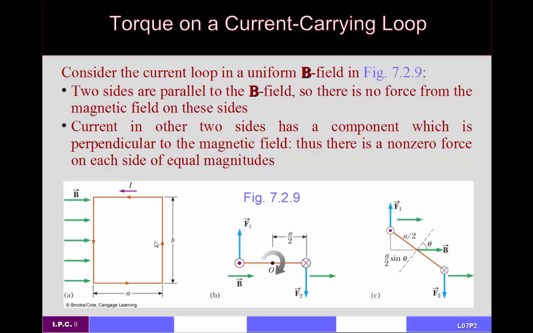So we're going to have two sides that are parallel to the magnetic field. So there's going to be no force on those two sides. Those two sides have length A. There's current in the other two sides, which has at least a component which is perpendicular to the magnetic field. So this means that there's a non-zero force on each of these two sides that have length B.